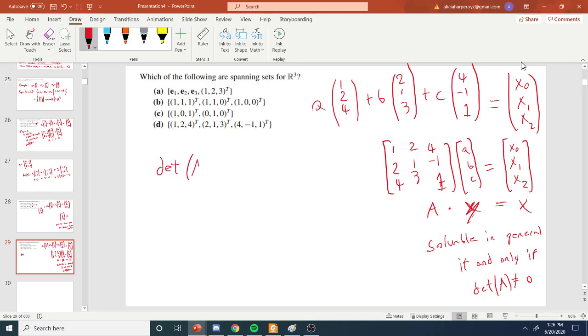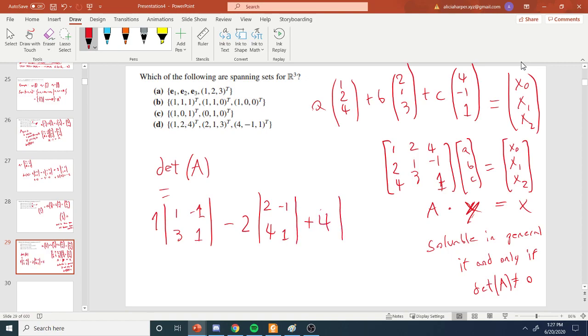And the determinant of A here is going to be equal to 1 times this cofactor, minus 2 times this cofactor, and then plus 4 times this cofactor. This right here ends up being 1 times 4, minus 2 times 6, plus 4 times 2, and if you evaluate this out, you get 0.